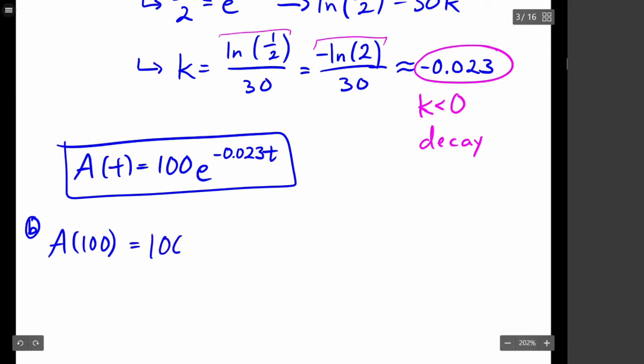Right, so this is 100 e to the negative 0.023t, or sorry, times 100. Right, so we just compute that.